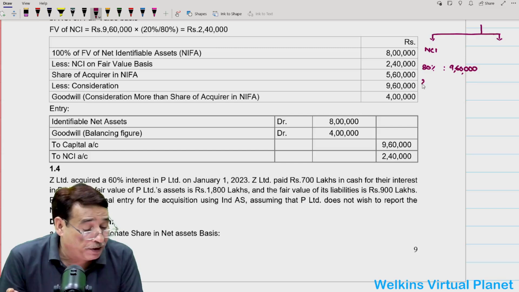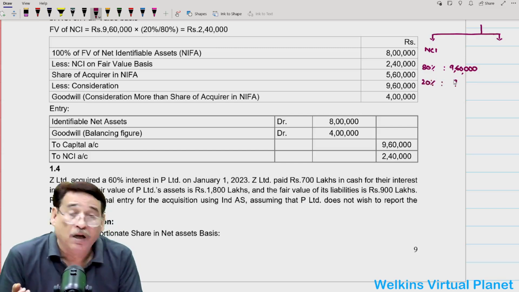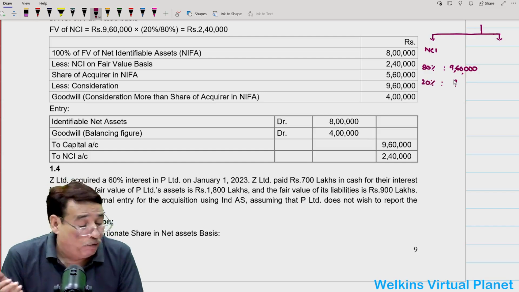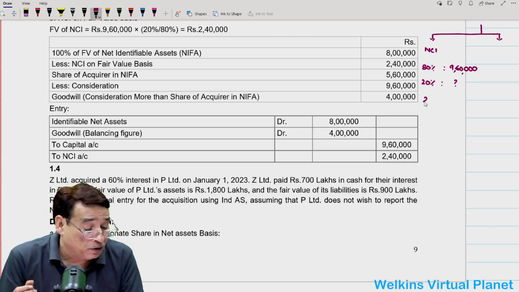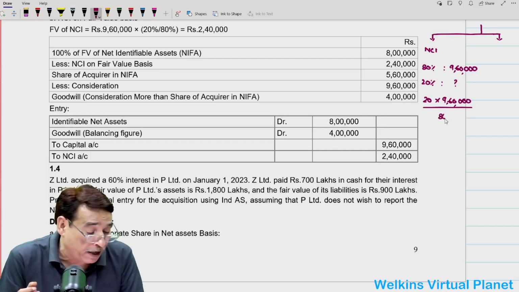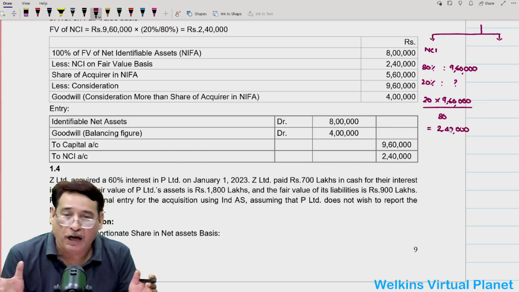So if I had acquired 20% stake only, then what amount would I have paid? So 20 into 9,60,000 divided by 80%. If I divide it by 80%, I will get 2,40,000. That means the fair value of 20% stake is equal to 2,40,000.